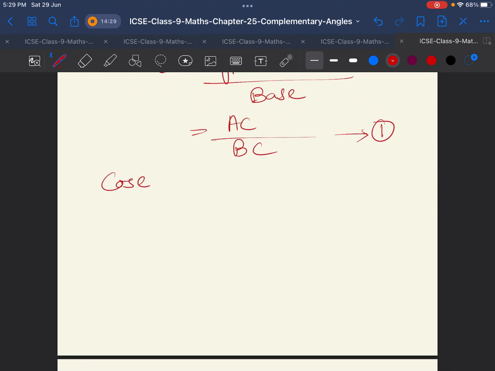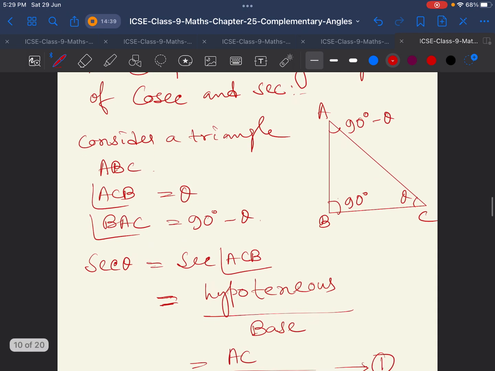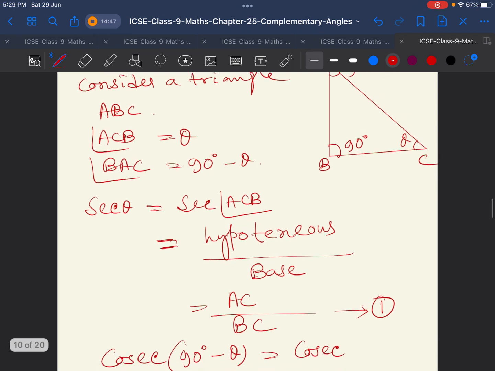Now for cosec of 90 minus theta. For this, cosec theta we know is hypotenuse by perpendicular.